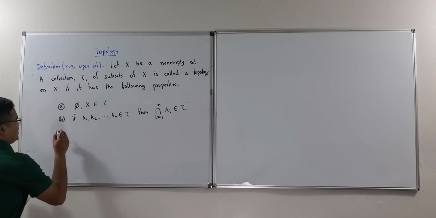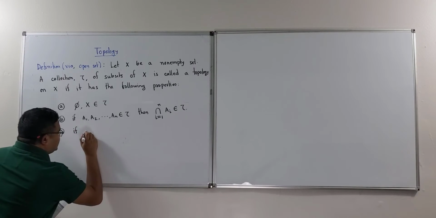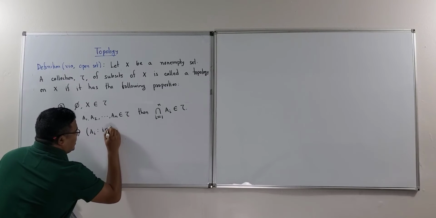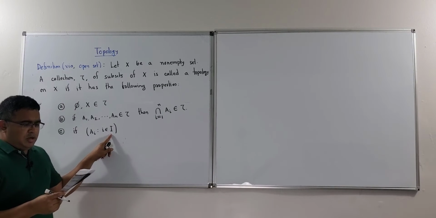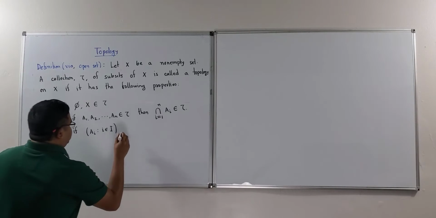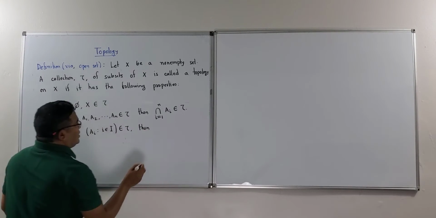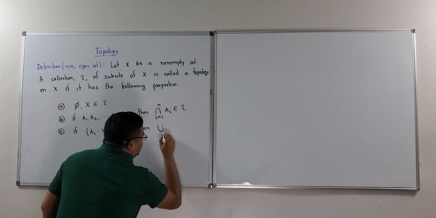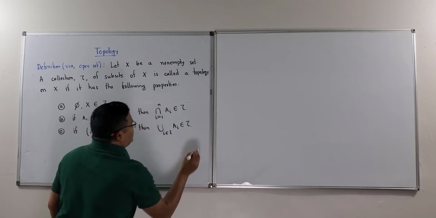And the third property is if Ai, where i is an element of I, this is an index set, and this I can be a countable or uncountable index set, are elements of tau, then their union would also be in tau.